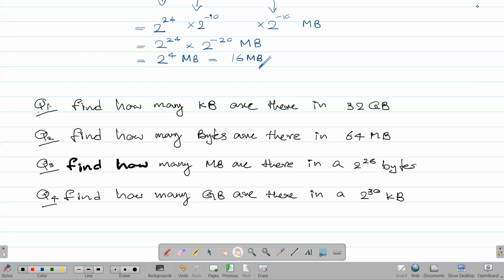Yes, Sanushi, first one is correct, second one is correct. Third one, it's better you keep 2 to the power 6 as a number. That's correct. Third and fourth calculations are correct, Dua.